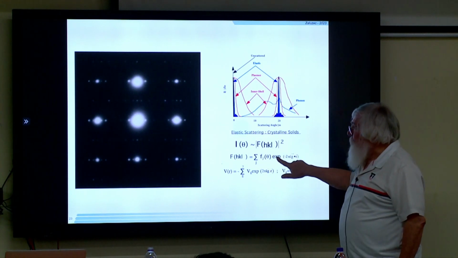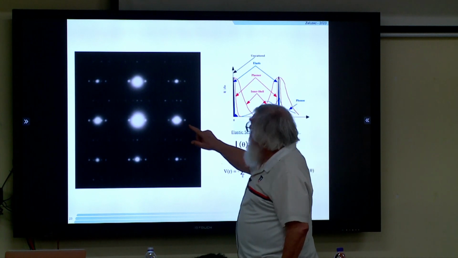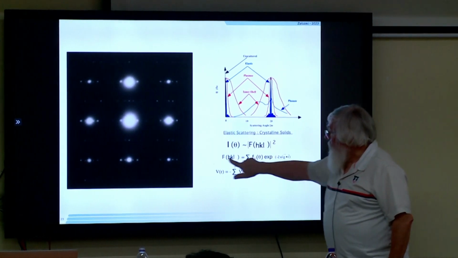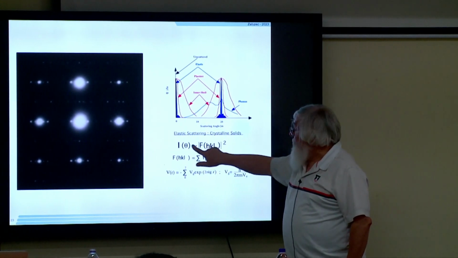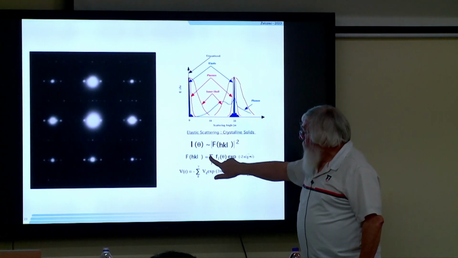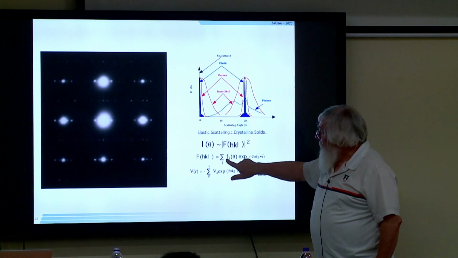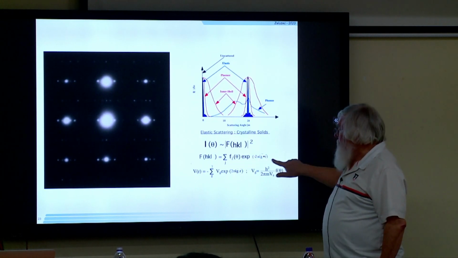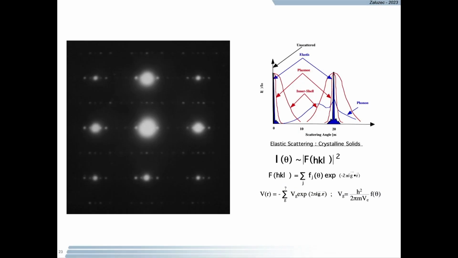This is an expression that reflects the periodicity of the atoms in the solid. So the intensity we get is the square of the structure factor, which is based on the sum of the squares of the individual scattering factors times the periodicity function. This periodicity function is related to the interatomic spacing in the solid.